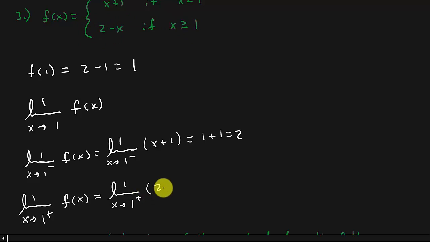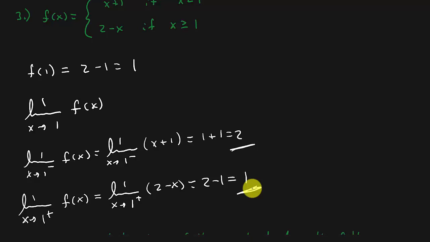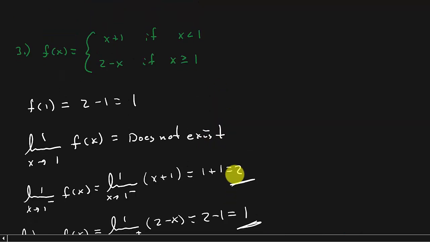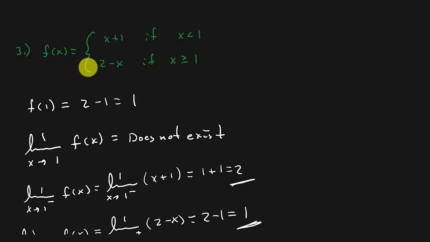So that's going to be 2 minus x, which is 2 minus 1, which equals 1. Look at this and this. The limit from the left and the limit from the right are not the same. So that means this limit does not exist. So this function is not continuous at 1 because the second condition failed.